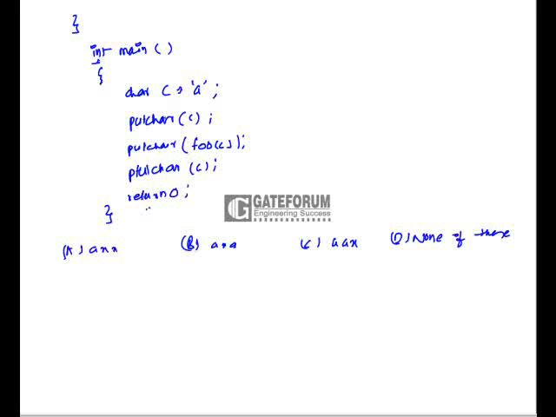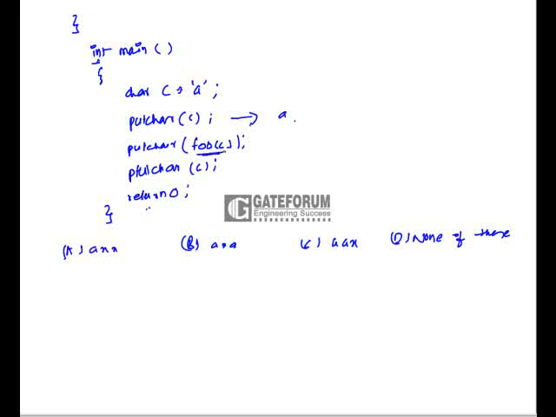Putchar will display the character on which it is called. Here it is called on variable C of type character in which A is stored. So A is printed, and in the next statement, putchar is again called on the value returned by foo of C.